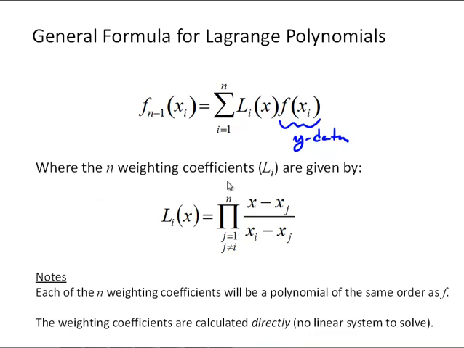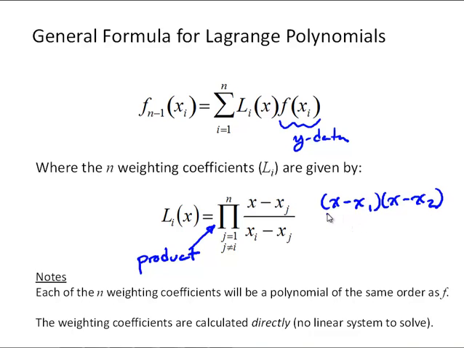Now, the n weighting coefficients Li are given by this term, and this is a product notation. So it's similar to the sum notation. This is what's defining those products, like x minus x1, x minus x2, and this would be for j not equal to i.